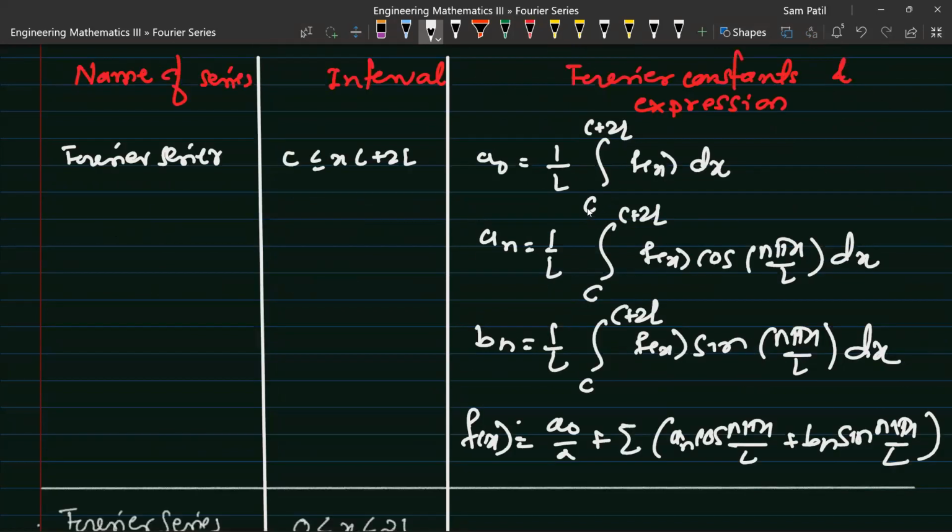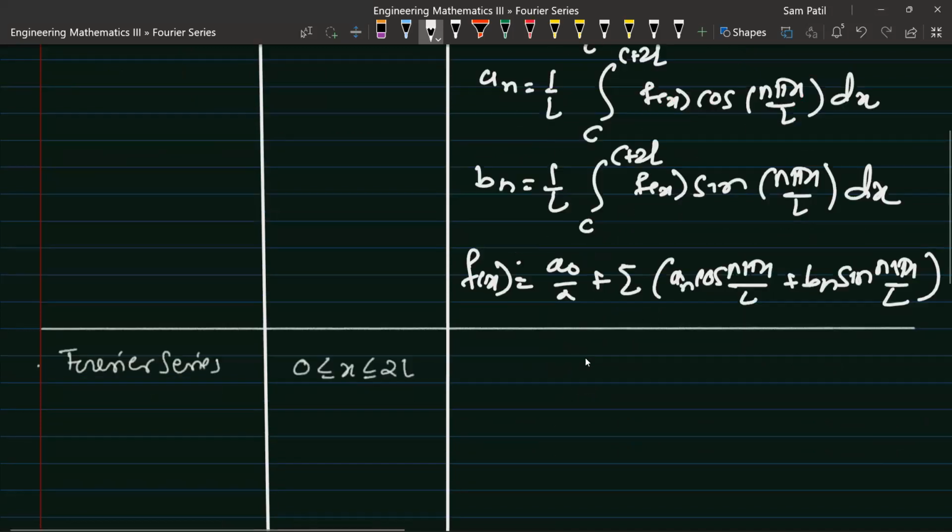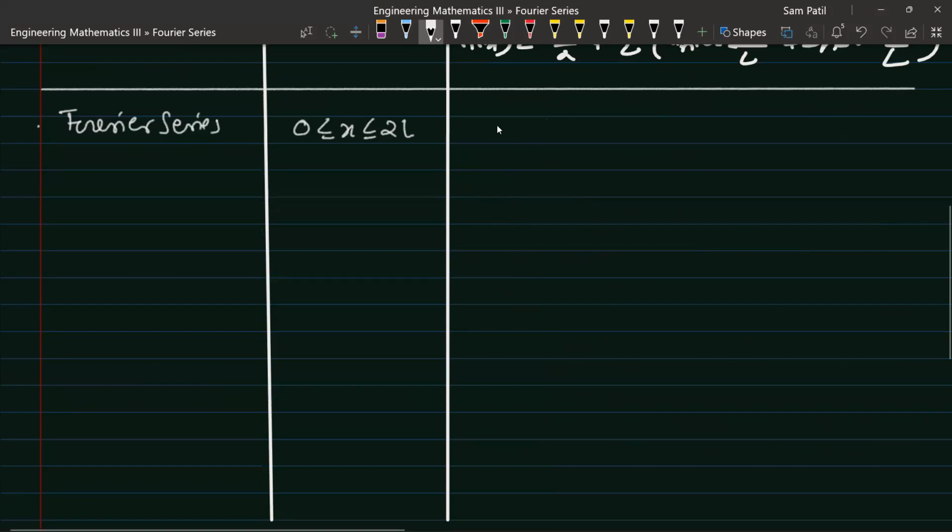So it becomes 0 to 2L everywhere. Only the limits are changing; everything else is the same. So a naught is simply 1 upon L, integration from 0 to 2L of f(x) dx.